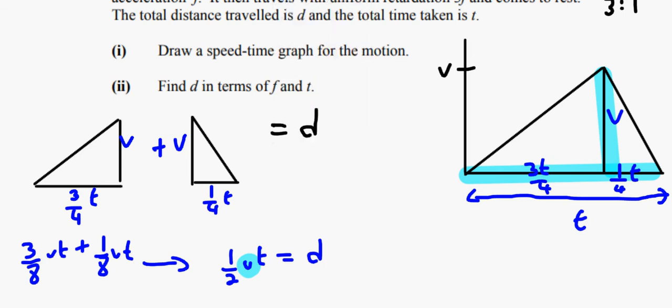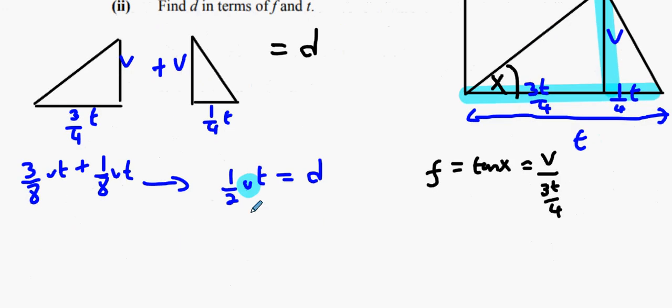Alright? Now, here we go. Acceleration is the same as what, guys? F. F is the same as tan x, and tan x is the same as v divided by 3t over 4. Can anybody tell me what is 3t over 4 when you divide it?